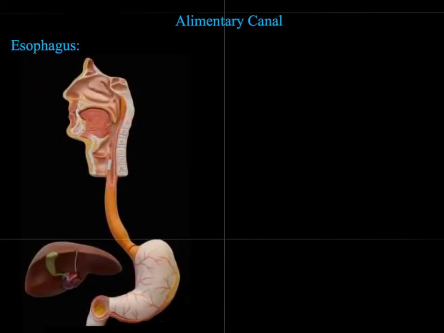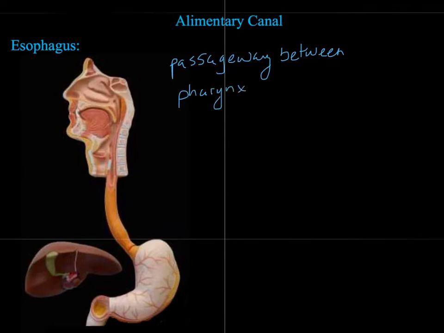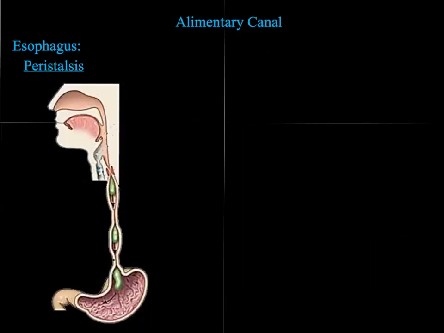From the pharynx, bolus enters the esophagus, and the esophagus is the passageway between the pharynx and the stomach. In order to propel food down the esophagus, a process called peristalsis takes place.